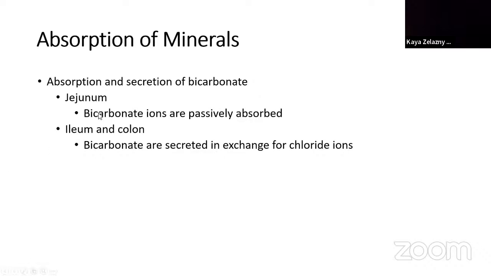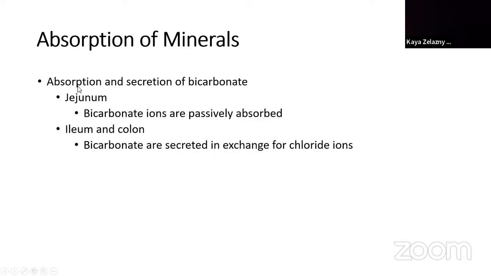We're doing that with bicarbonate and things like mucus, but then we want to reuse that bicarbonate. We don't want to lose a lot of bicarbonate from our body because we need enough bicarbonate in the plasma to keep our blood pH the same. So we're going to absorb bicarbonate ions in later parts of our small intestines, in the jejunum.